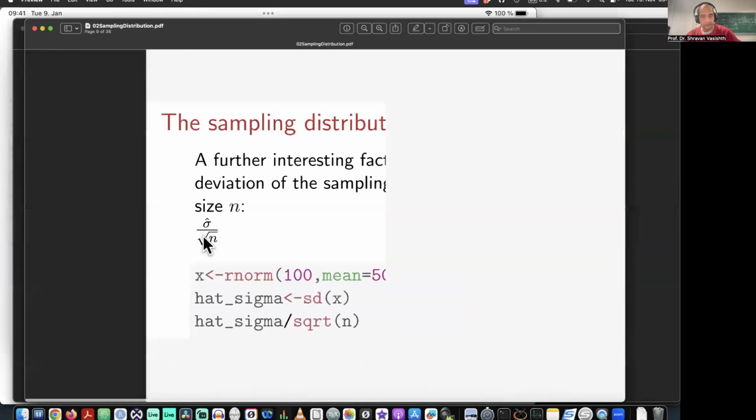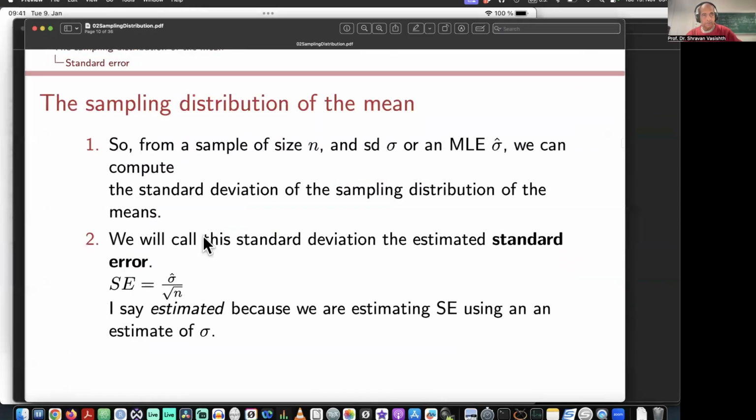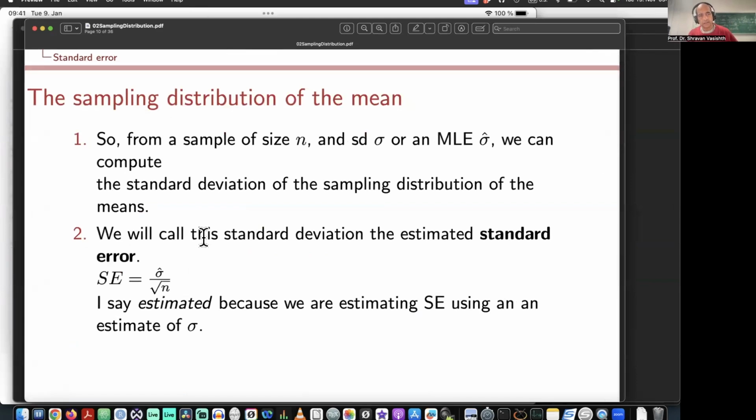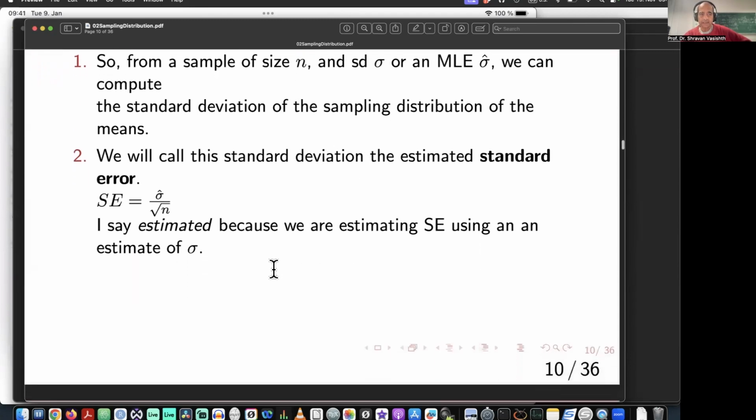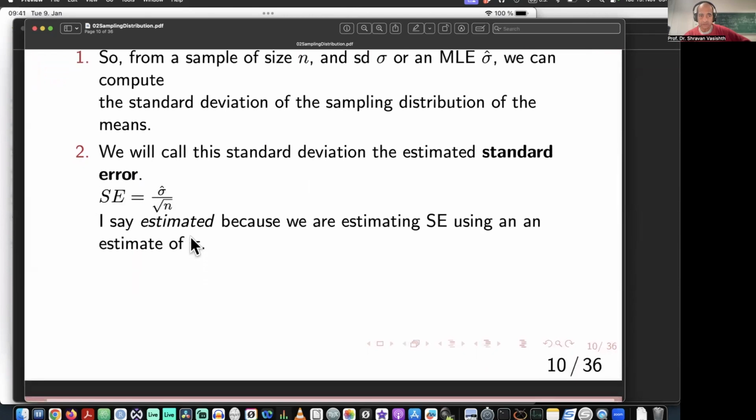All right, so the upshot of all this discussion is that from a single sample of size n, where we have some mean and some standard deviation, some mu and some sigma that's producing the data, we can get an estimate of the mu, that is the sample mean. We can get an estimate of the sigma, that is the sigma hat or S. I'll sometimes call it S, sometimes sigma hat. Those estimates allow us to compute an estimate of the standard error, which is what I'm doing here.